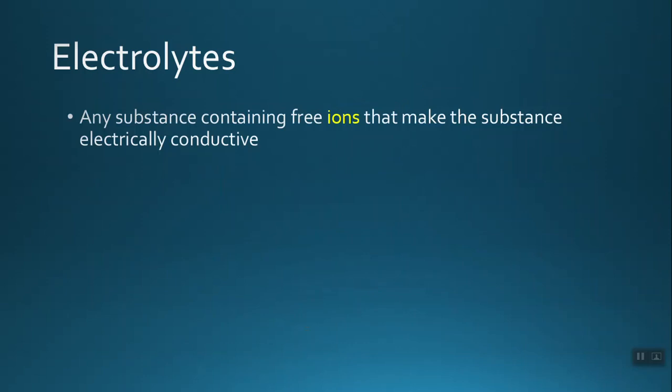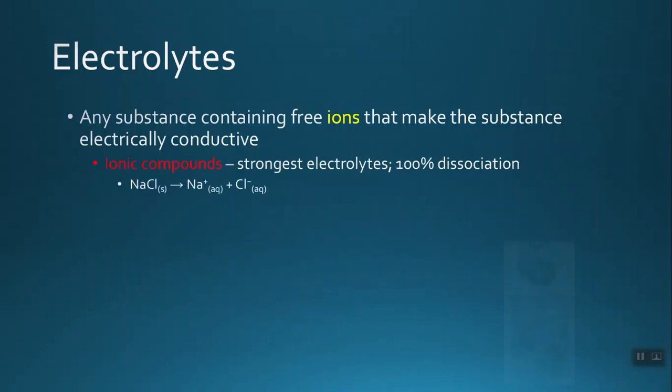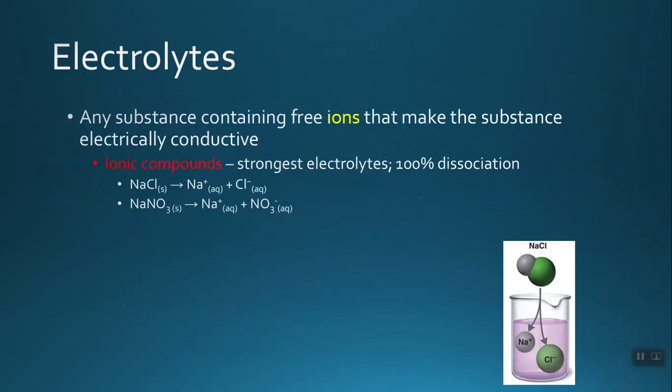So remember that the key word here is ions. And remember what kind of compounds consist of ions. Think about the word ions, right? Ionic. Covalent doesn't have the word ions, so it's ionic compounds that make a substance electrically conductive.